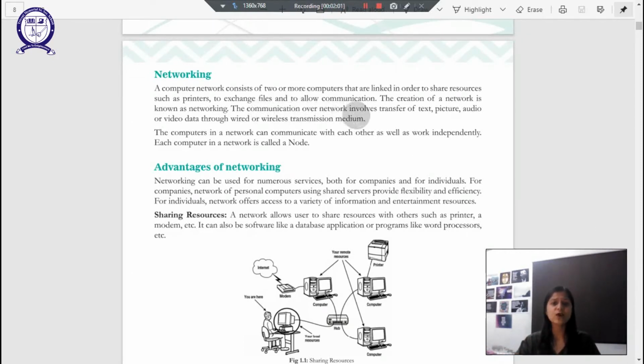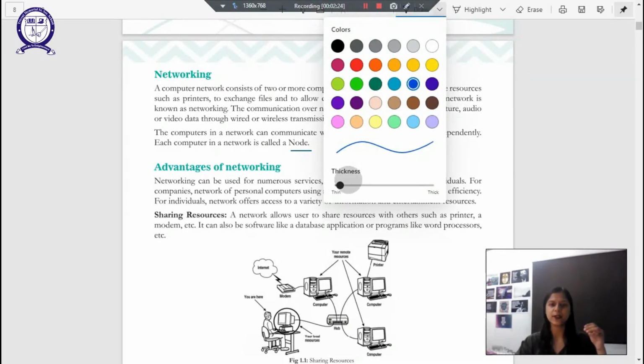The communications over a network involve transfer of text, picture, audio or video through wired or wireless transmission medium. Exactly. And in any system there are many computers that can be connected, and each computer is called a node. Do mark this word, that we call each system a node, an independent node.